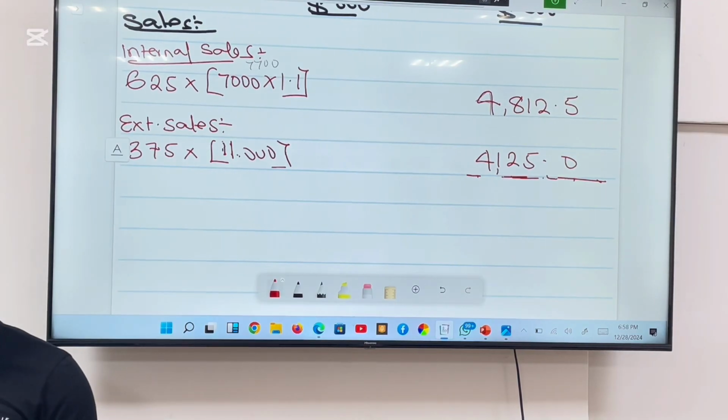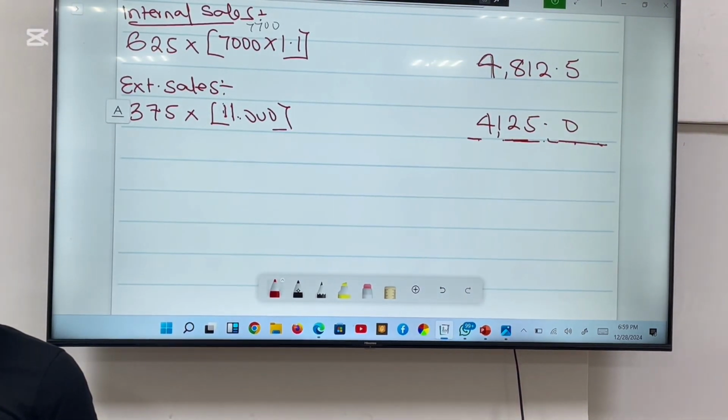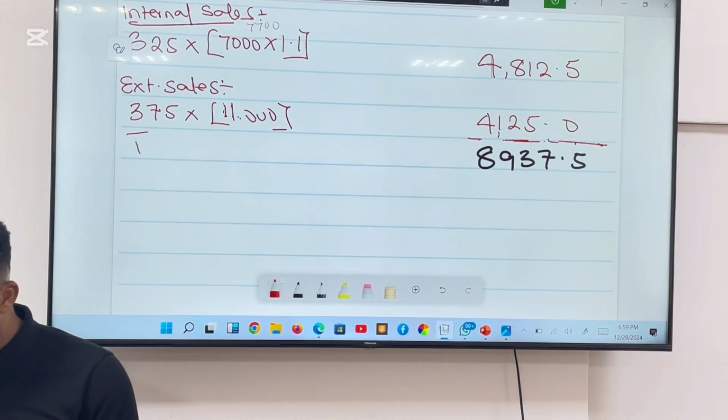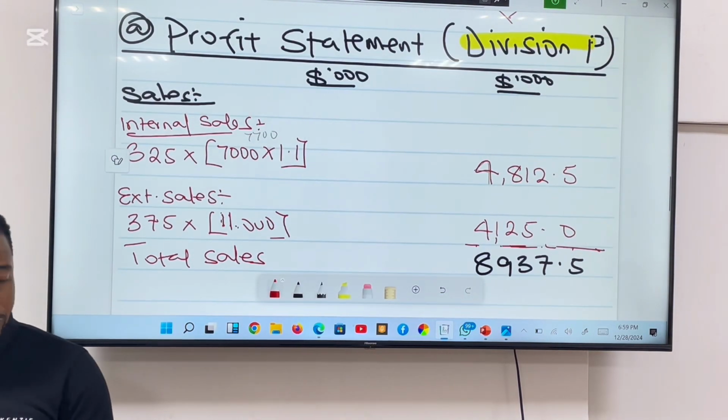So plus 4,812.5, that's 8,937.5. So this is our total sales. Don't forget we are dealing with only division P at the moment.